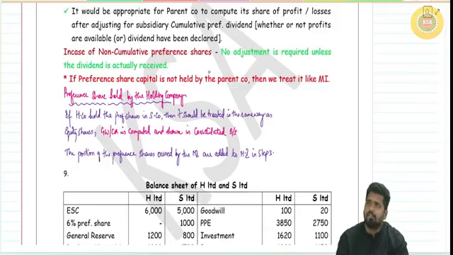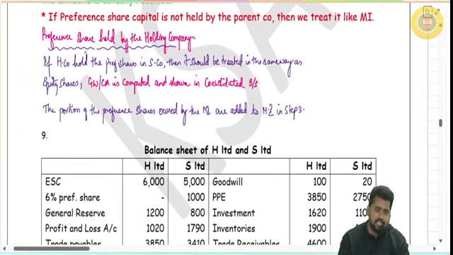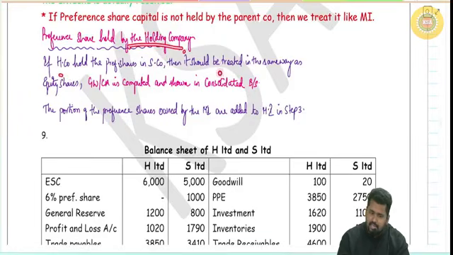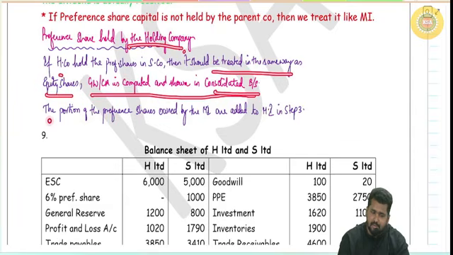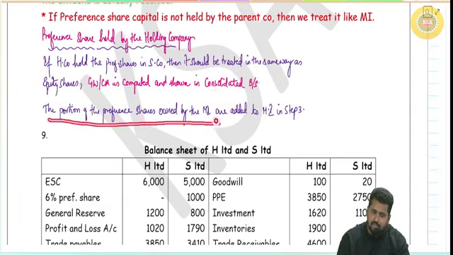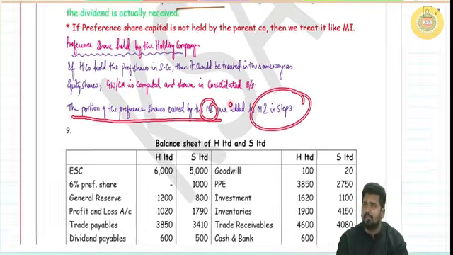Clear? If it is not cumulative, no need to adjust it. So what is the story? Preference shares held by the holding company should be treated in the same way as equity shares. Goodwill or capital reserve is computed, and the consolidated balance sheet you have to prepare. The portion of preference shares held by the minority interest should be added in the minority interest.